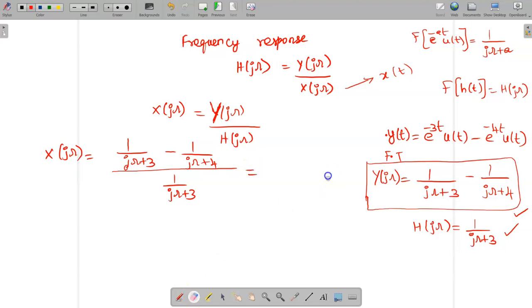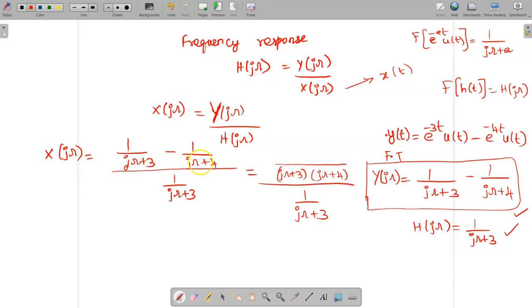The denominator remains the same, nothing to worry about. In the numerator, these two are different terms, so take the common LCM as (jω+3)(jω+4).